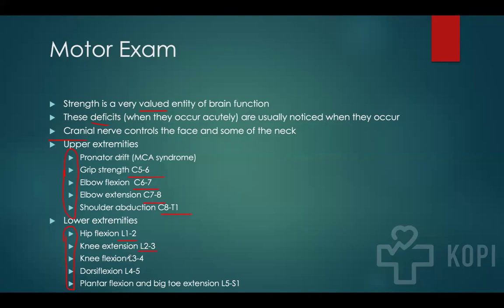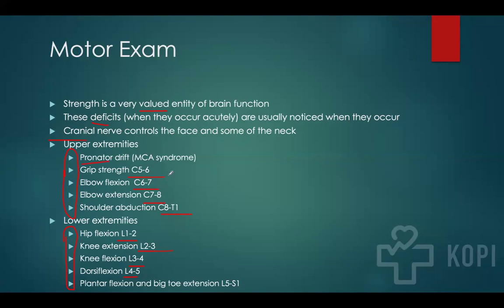If you can do all of these actions, then as far as I'm concerned, each spinal level is intact. If you can't move a specific extremity, then you get more concerned about a central cause, i.e., if you notice pronator drift, or if the patient has focal weakness in each leg, that makes me think more CAT scan of the head rather than MRI or CAT scan of the spine.